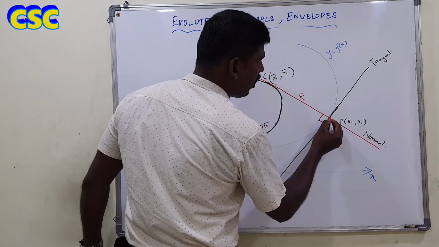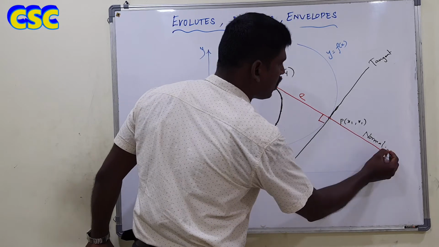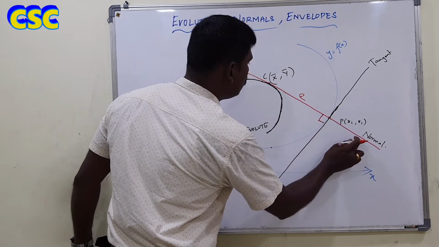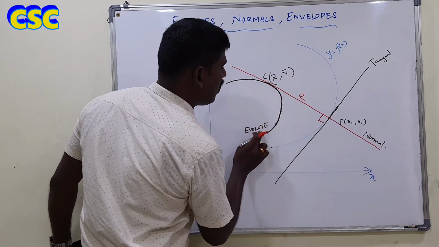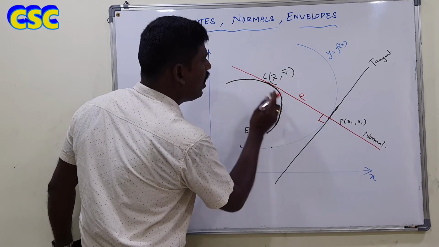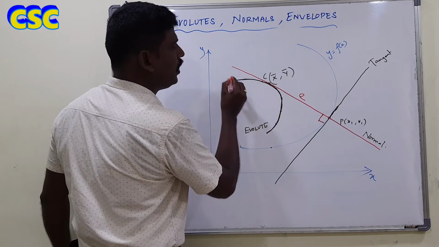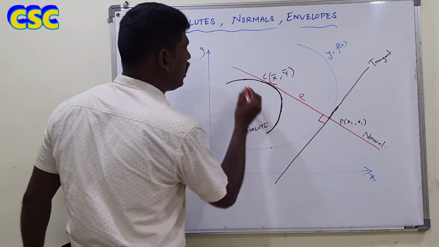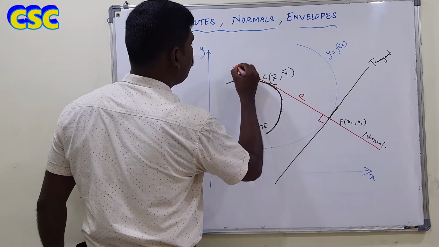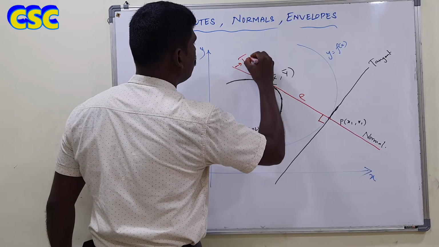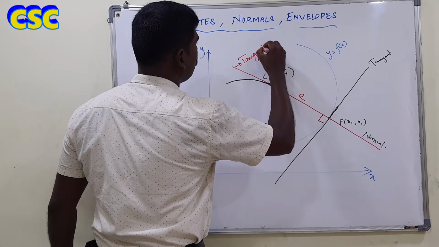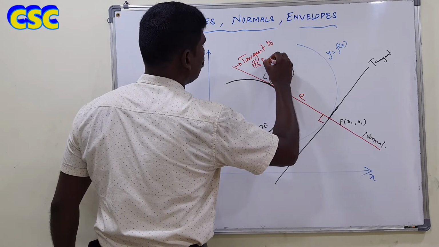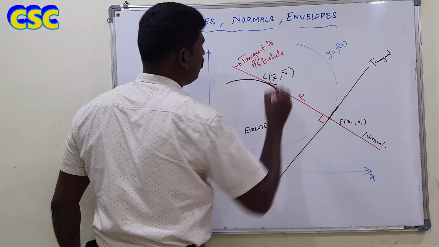Now, I draw a normal through the point P(x1, y1). What I understand is that the normal touches the evolute at exactly one point. That means the normal becomes a tangent to the evolute.